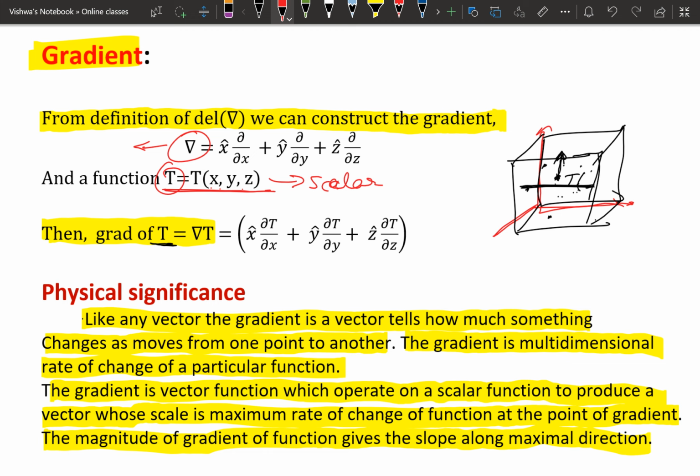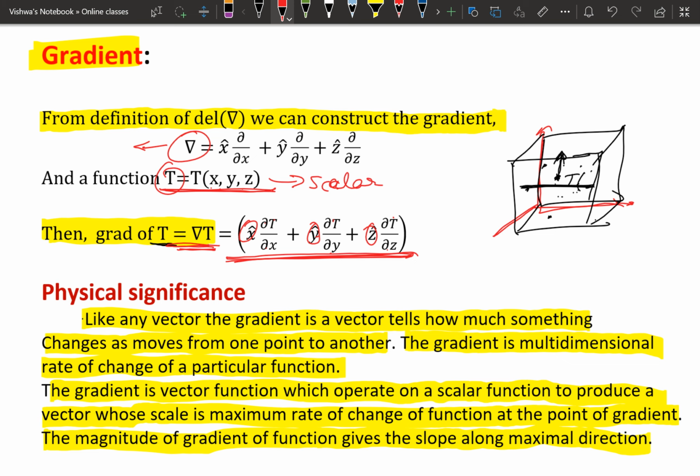So del T, the gradient of T, becomes x cap dou T by dou x, y cap dou T by dou y, z cap dou T by dou z. Here x cap, y cap, z cap are the unit vectors that indicate the gradient of T is a vector. Initially there is a scalar function; when del operates on it through the gradient, it becomes a vector function. That's why it has directional changes.